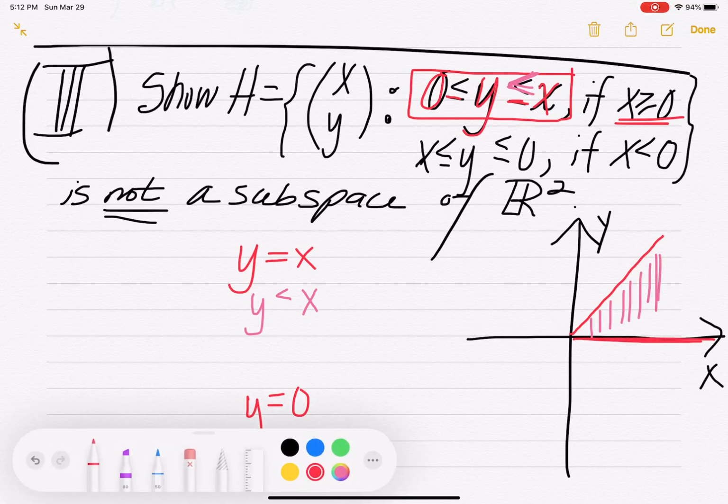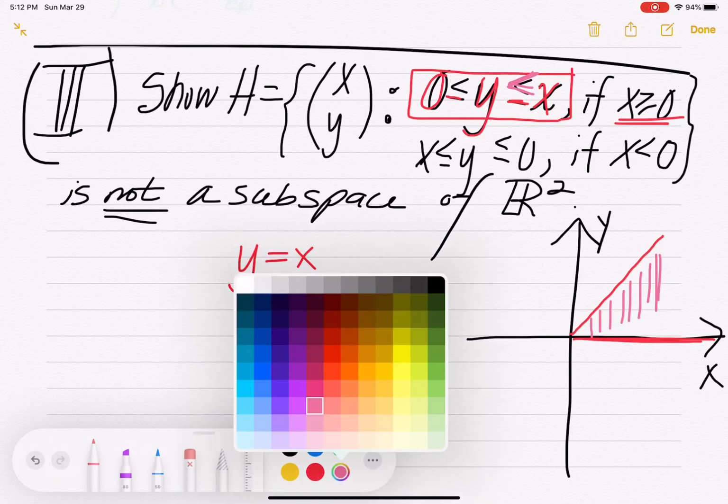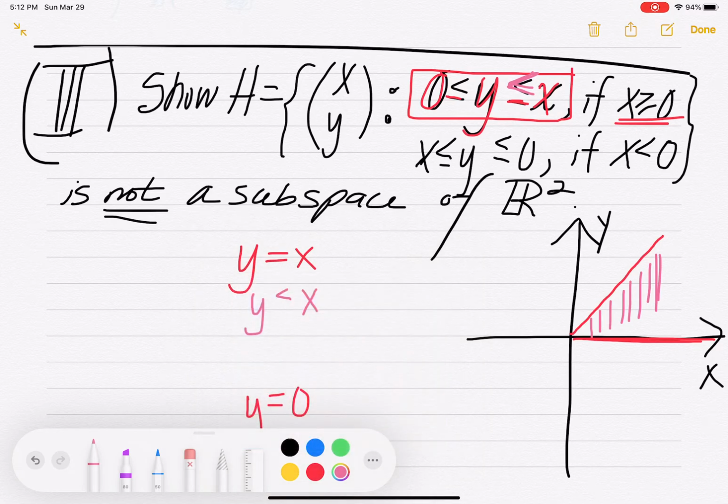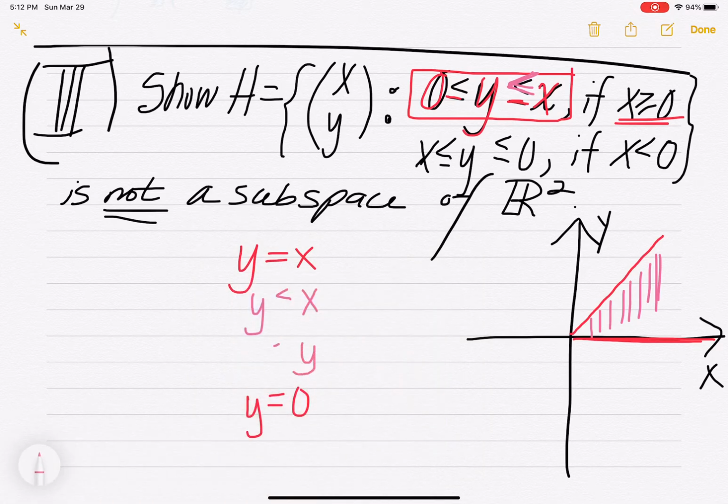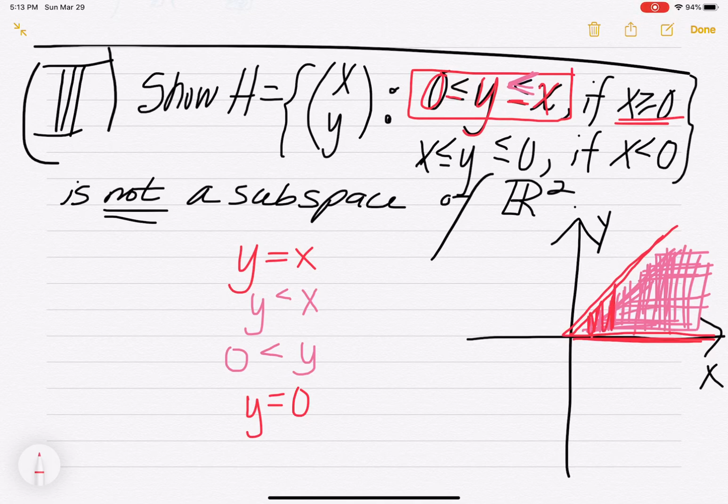And y is greater than or equal to 0, so y has to be above that line. So we have this region here when x is greater than or equal to 0, here on the right, and the x values are positive or 0. So that's part of what we have.